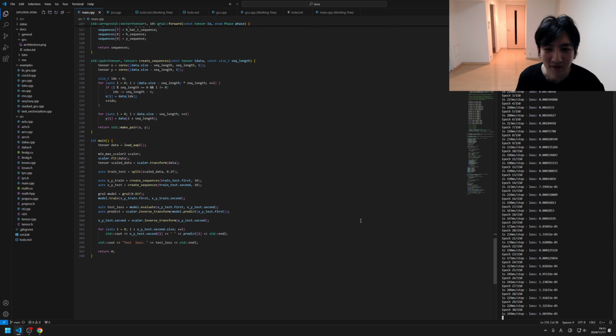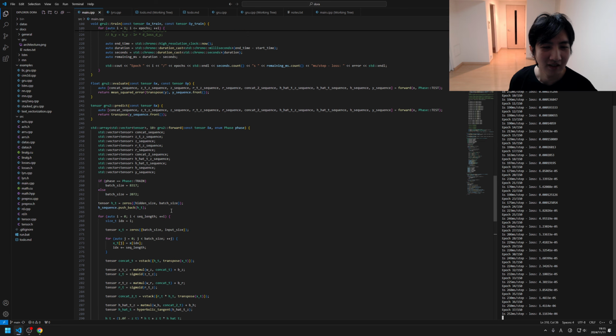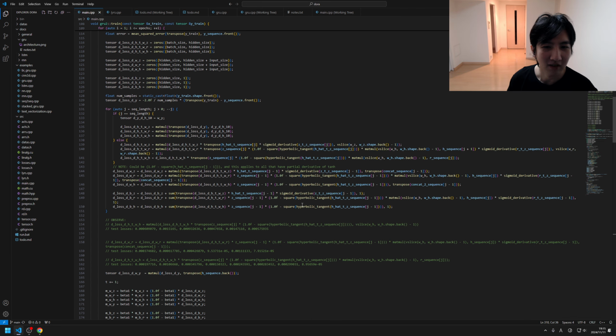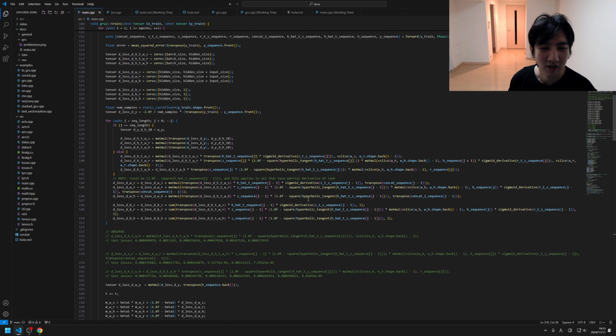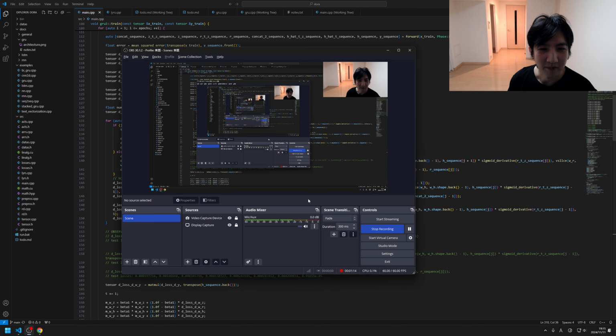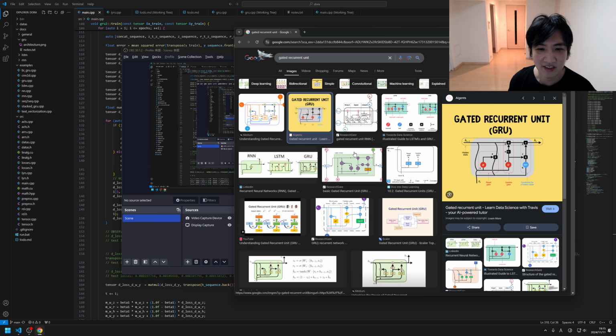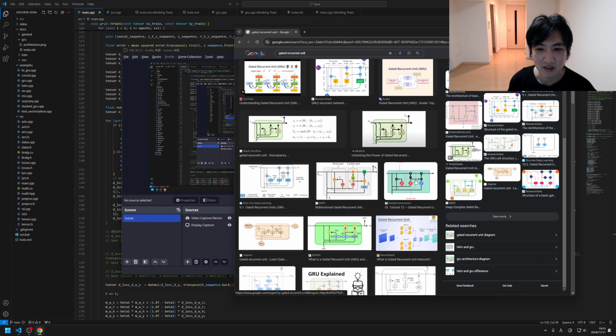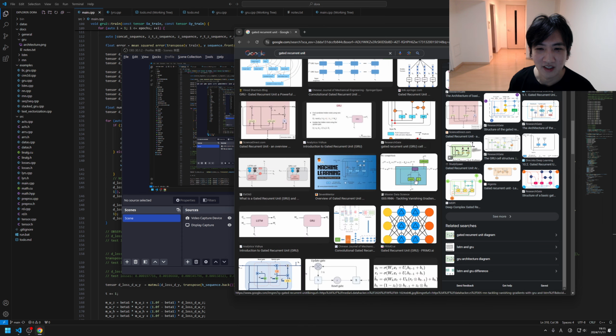Those happen when gradients are either getting too small or too big, since when you compute gradients in recurrent neural networks, the weights are shared across all the states.